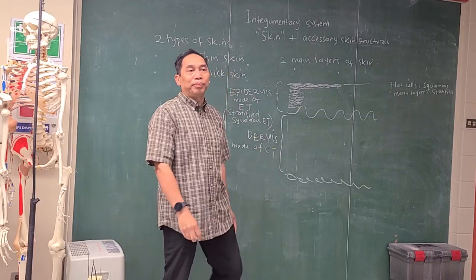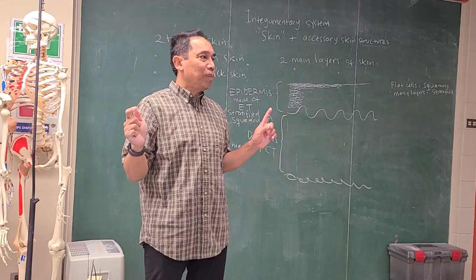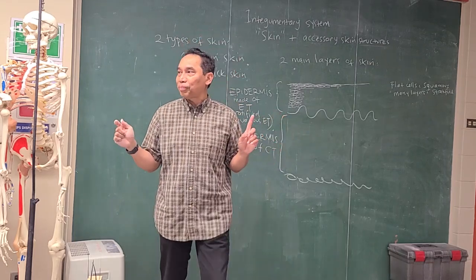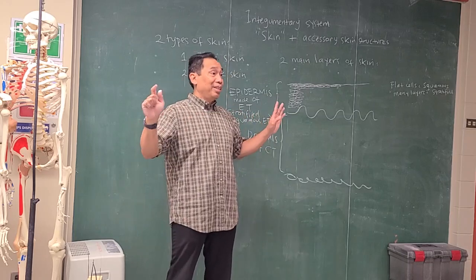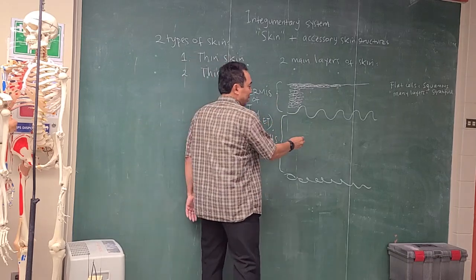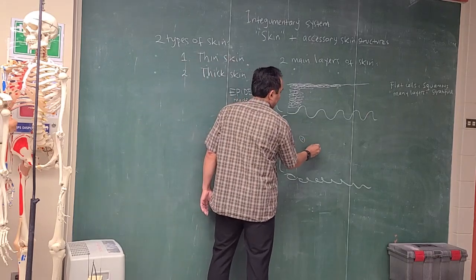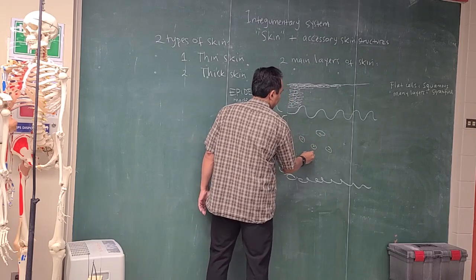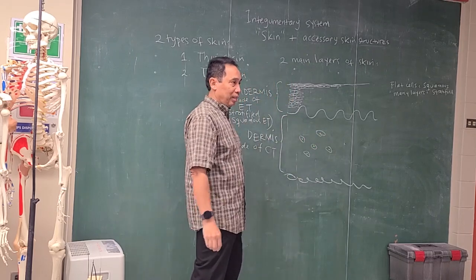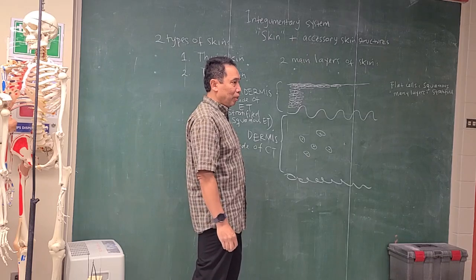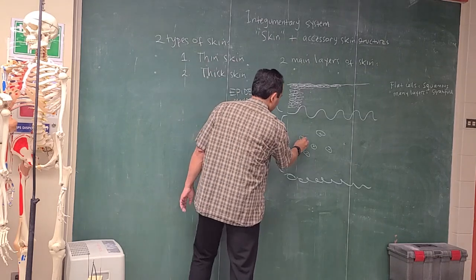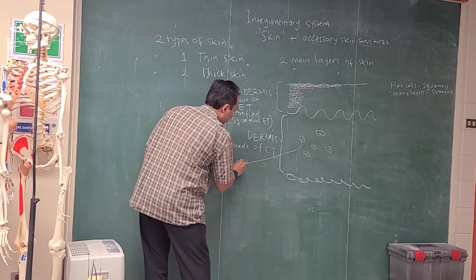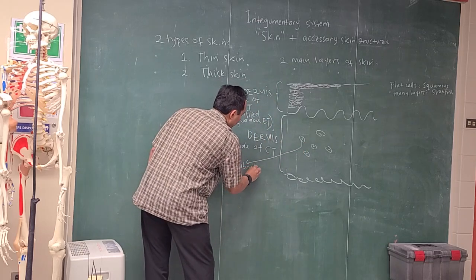What is CT? Connective tissue. What happens with the cells in the connective tissue? Are they separated or bound together? Separated. They are separated. Okay? So this is a cell, this is another cell. Okay, they are separated. There are many types of cells, but one of them is called the fibroblast.